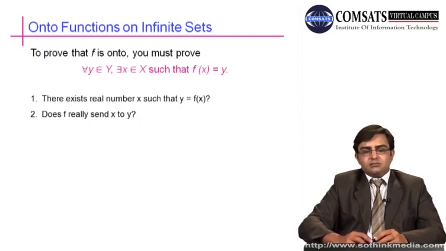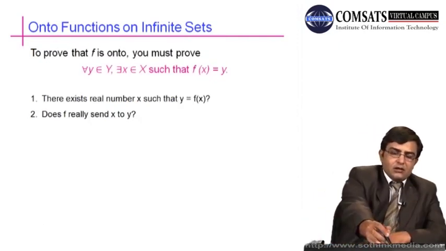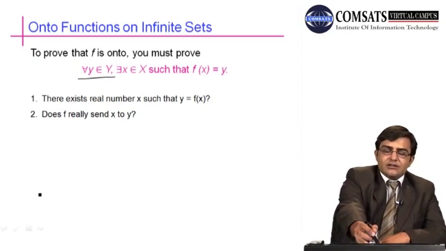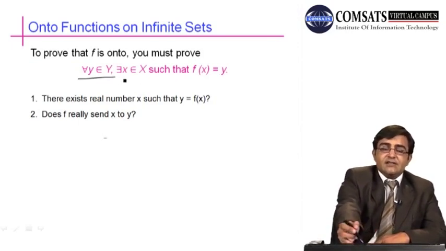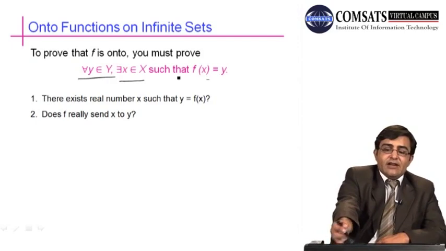So how to prove? I repeat here, for all y belonging to Y, we shall prove that there exists some x in X such that y is the image of x under the function f.